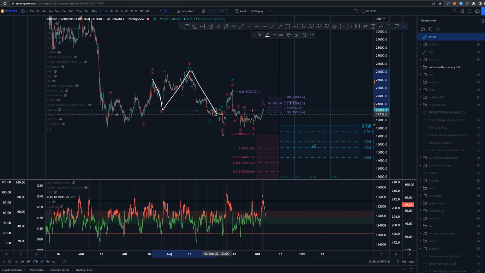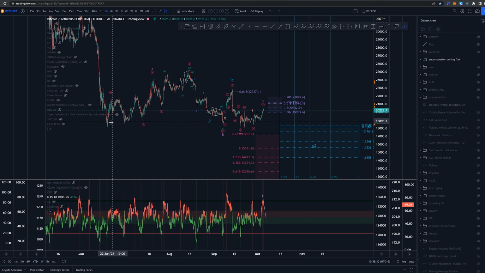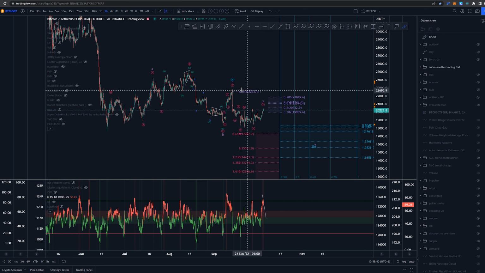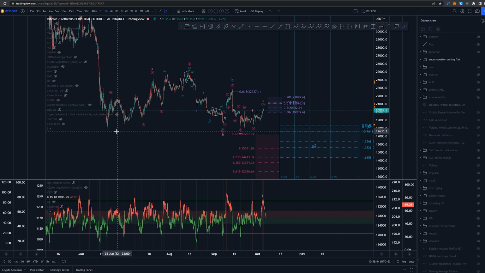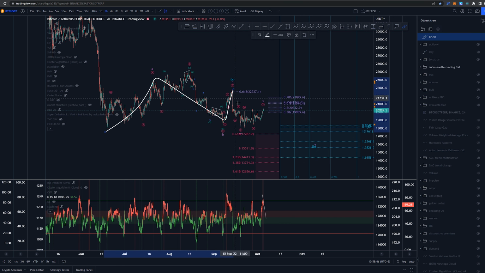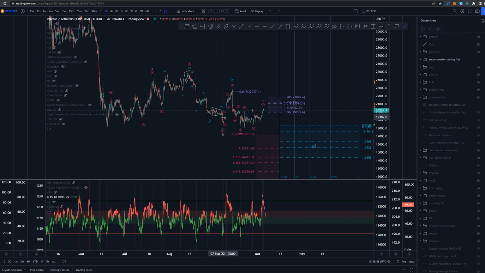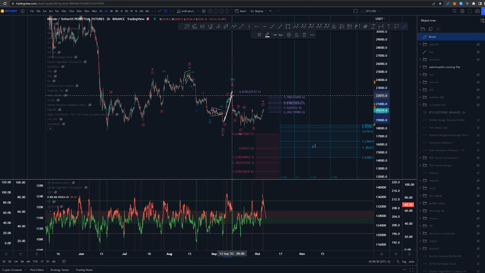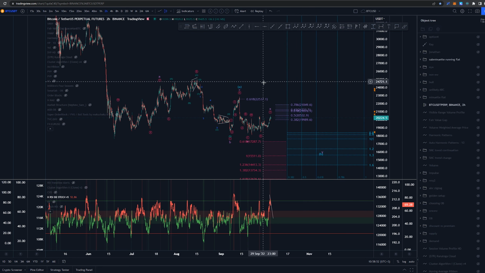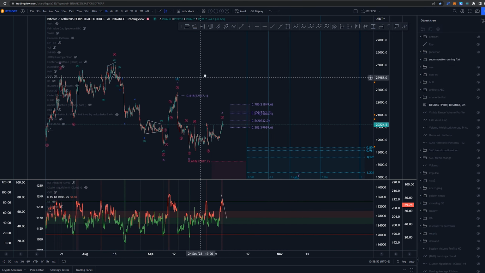So A, B, and C into B wave. Again, getting the 0.618, which is the minimum for a three-wave structure. This qualifies as a flat, so that's how we are treating it. Although this is very much a truncated flat, not very common itself either.